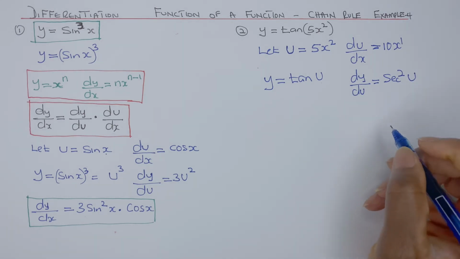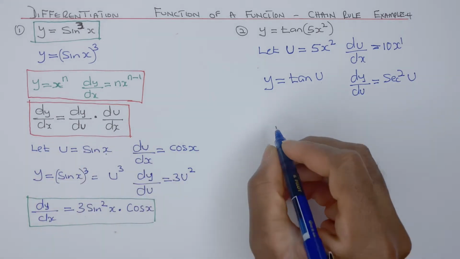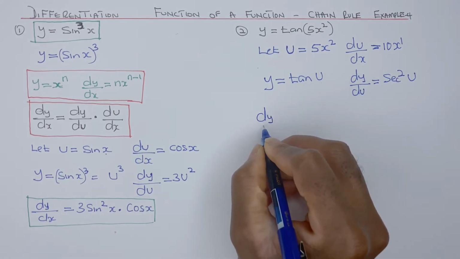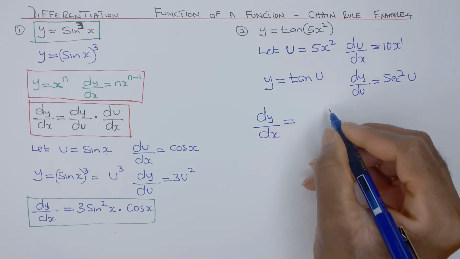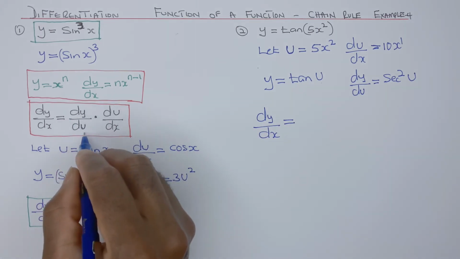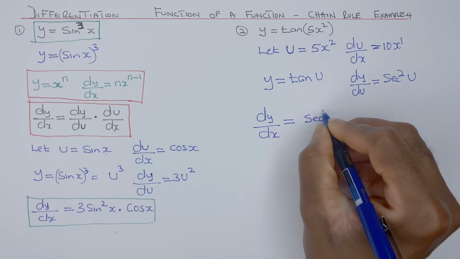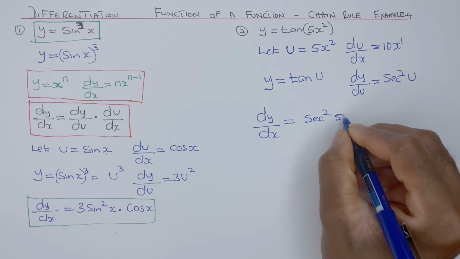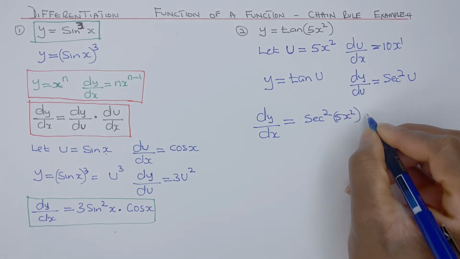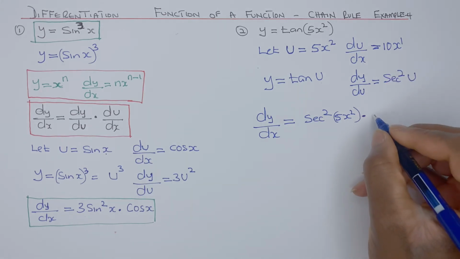So now, applying the chain rule formula, dy/dx equals dy/du, which is sec squared u, and u is 5x squared, times du/dx, which is 10x.